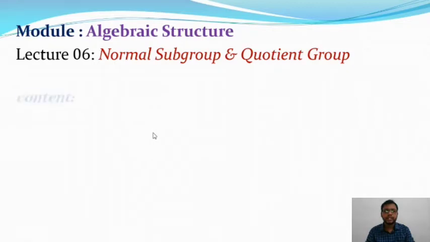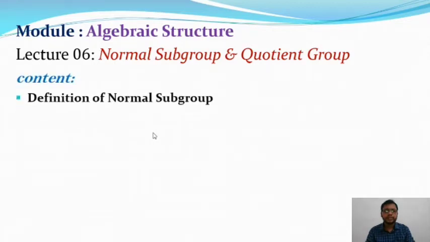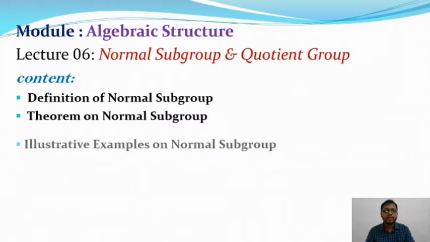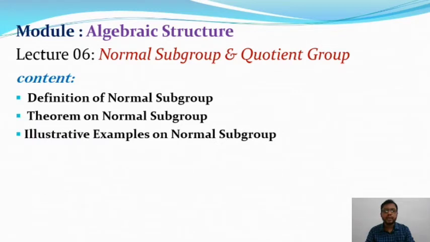So here is the content of today's lecture. At first we will discuss the definition of normal subgroup, and after that the theorem on normal subgroup. Some related examples on normal subgroup we will discuss in lecture 6, and this is my 6th lecture on the module algebraic structure.